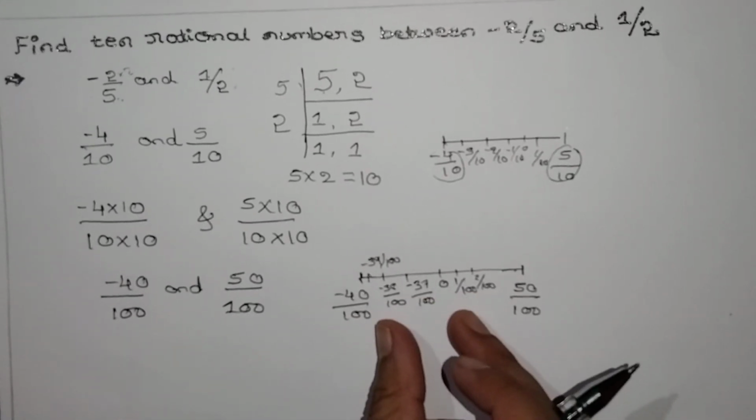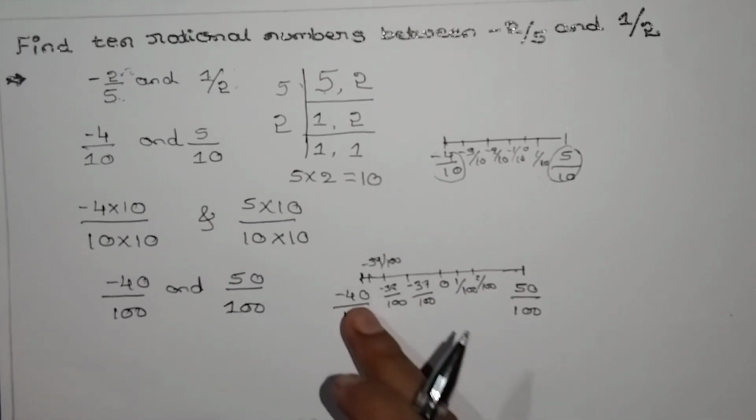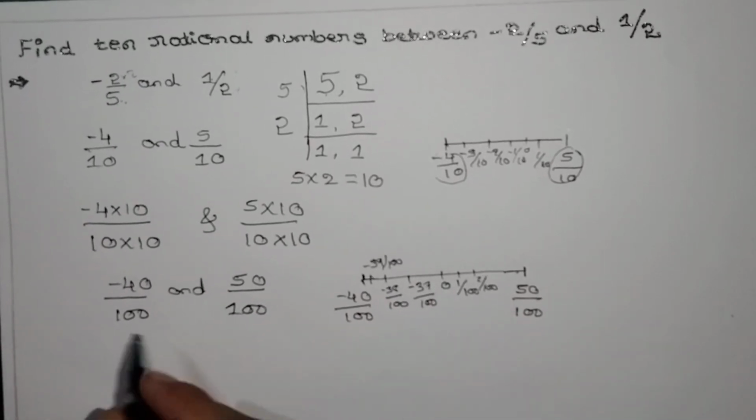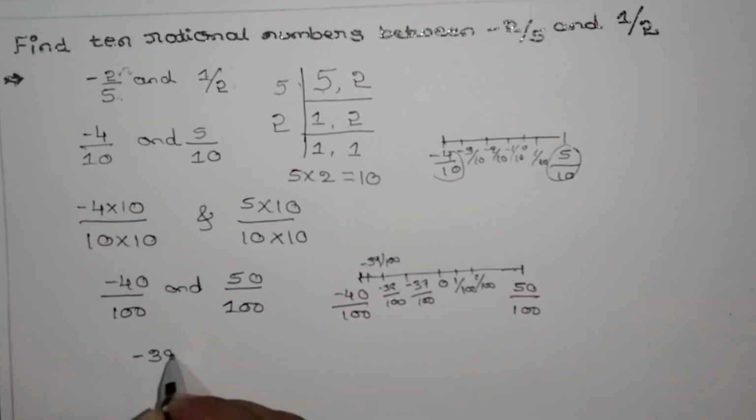So take any 10 rational numbers in between -40 by 100 and 50 by 100.